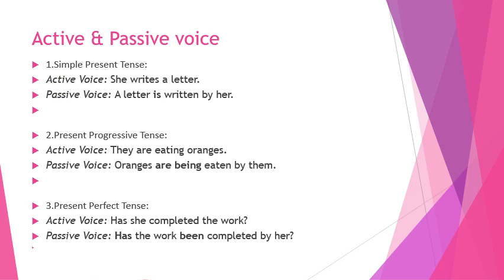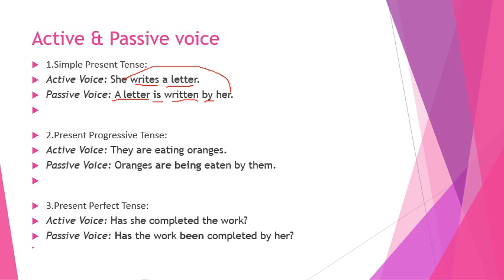You can see the verb is the first form of the verb. The object will go to the place of the subject, it will become "a letter," and the subject will go at the place of the object. So: A letter is written by her. There is the addition of a helping verb, the third form of the verb, and the use of "by."